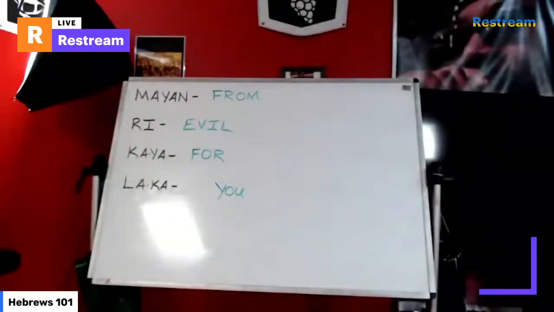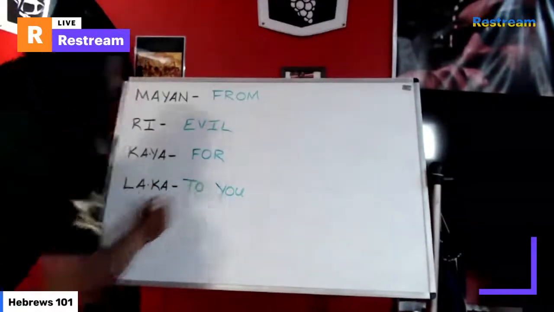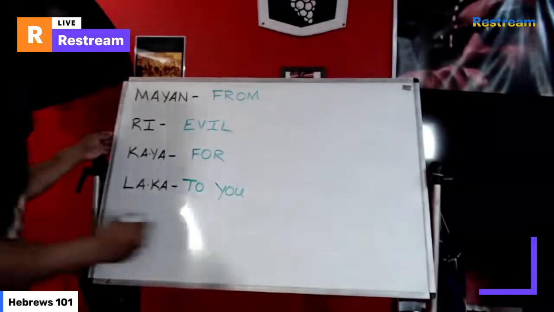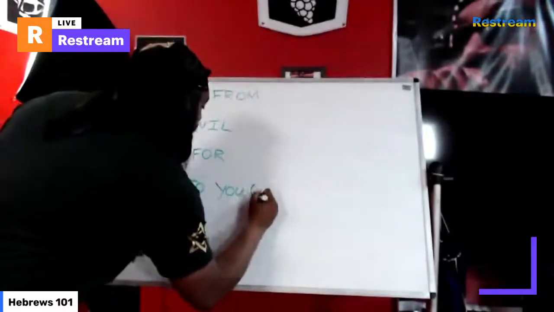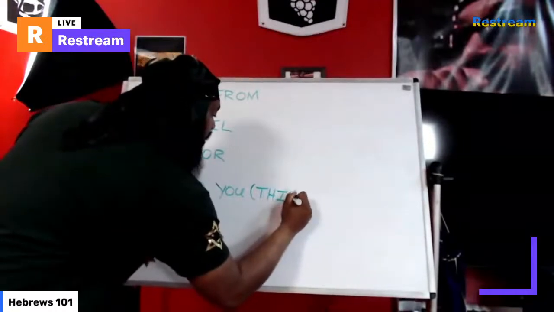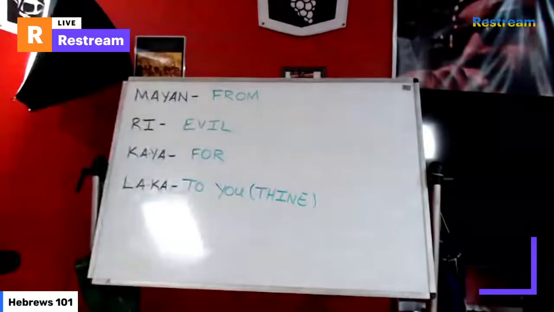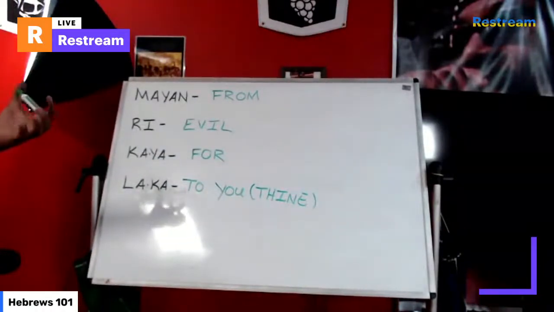Just think about the prayer. From evil, for, thine, very good. Here we have laka, to you. That's right. So here, remember, in Old English, to you is thy.